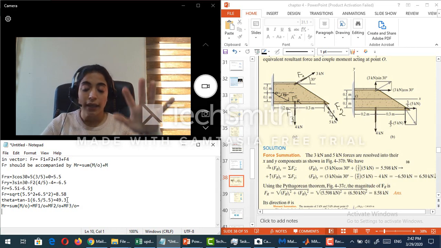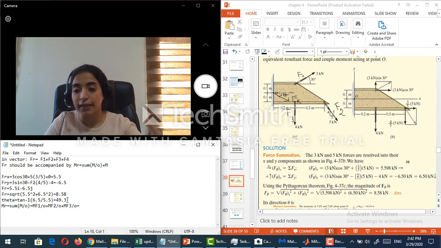And let's start, guys. Since this is a 2D case, I will be using the method that we have proved. I don't remember in which video, but it is defined by this equation: M is equal to Fy, the component of the force in y direction, times x, minus Fx times y.